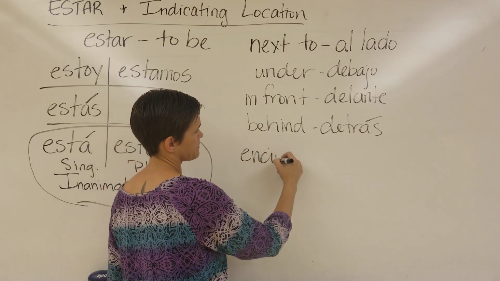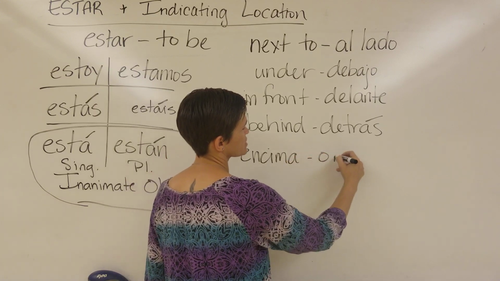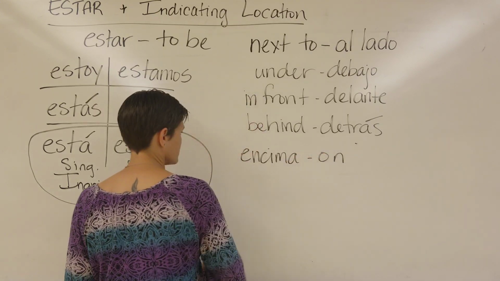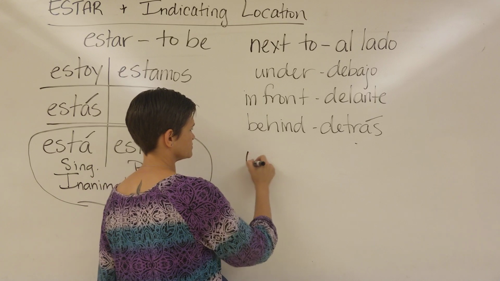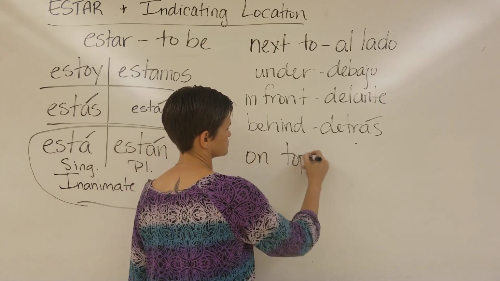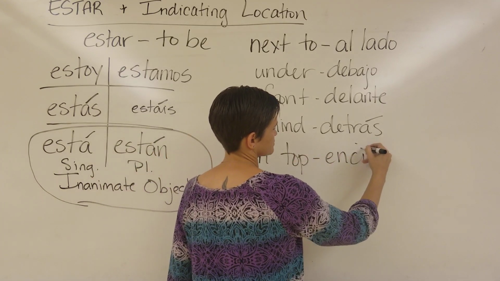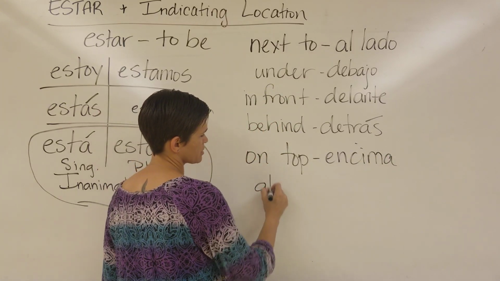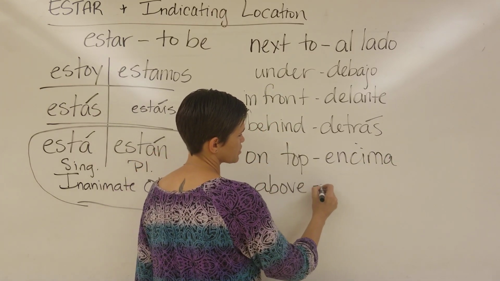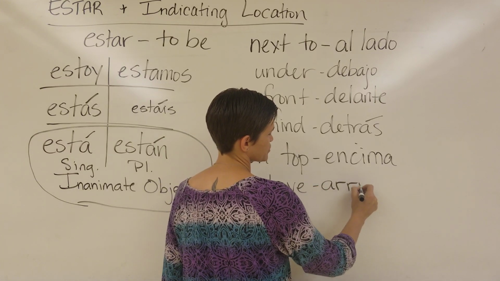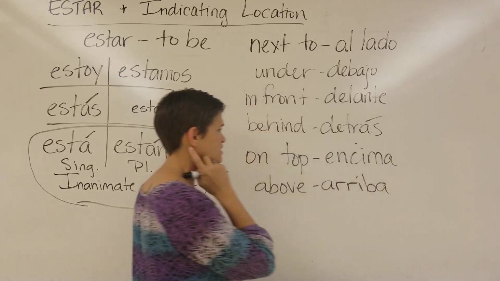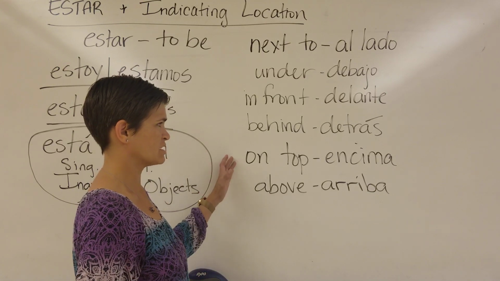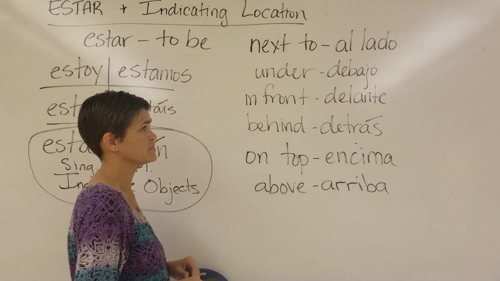Encima is on top of. Oops, put that the wrong way. On top is encima. And even though it's not on our list, I also want us to put above, which is arriba, so that we know the difference between saying something's on top and something's above something else.